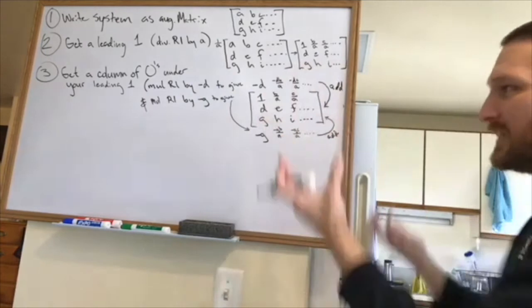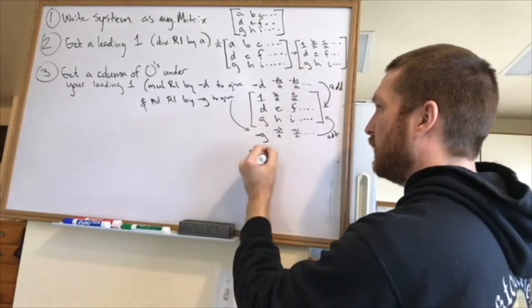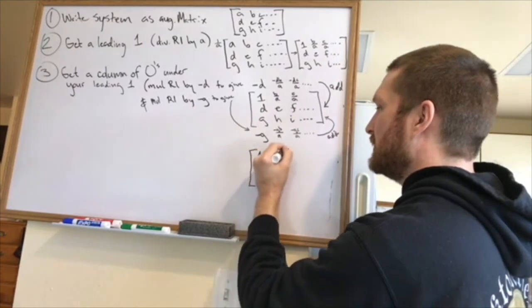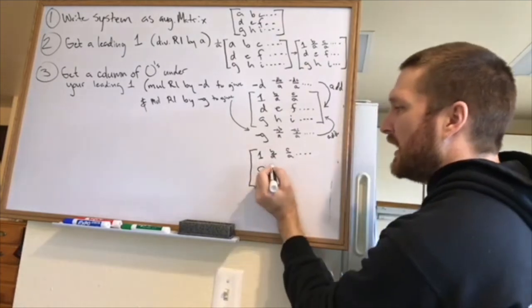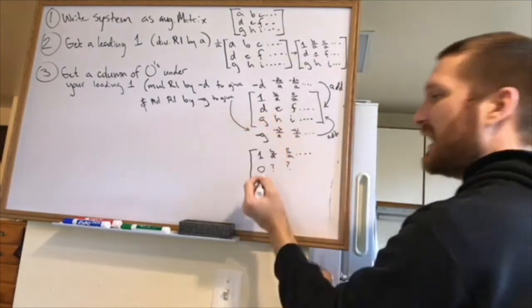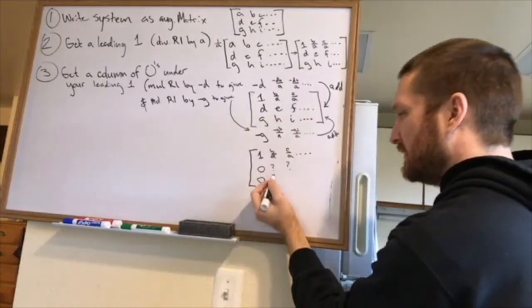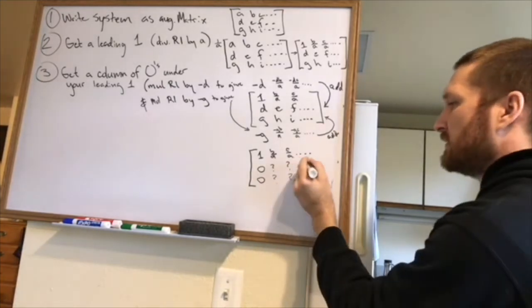And that's going to give us a big fat 1, B over A, C over A, and so on. This guy is going to be a 0 and something here, something here. That guy is going to be a 0 with something here, and so on.